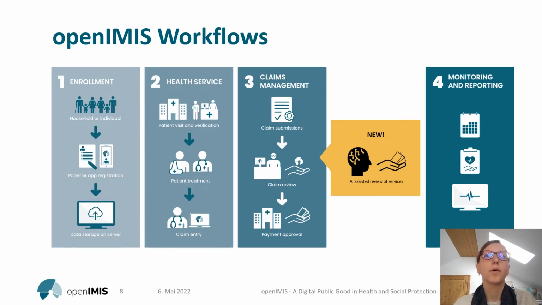In the step of the claims processing, the health facility staff would submit the claims, and this will be reviewed by the claims manager at the health insurer. Depending on the decision, the payment is then approved. And then in another step, openIMIS offers some reporting functions that would help the monitoring.